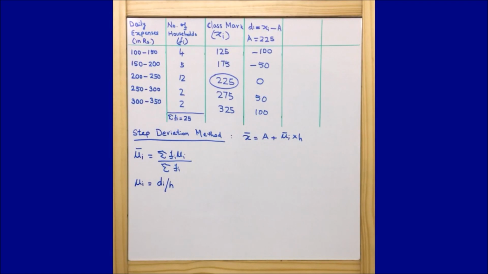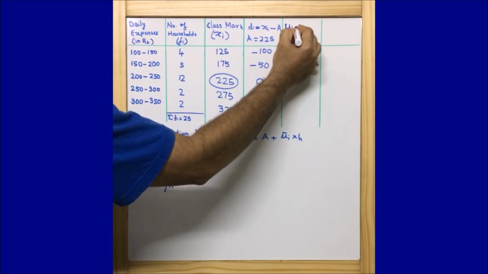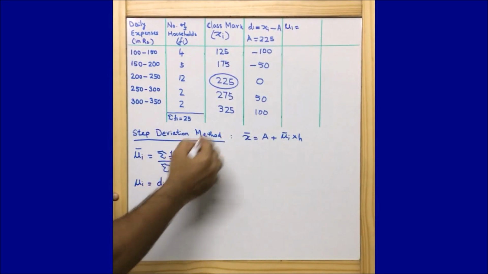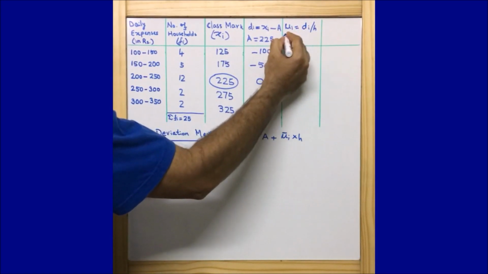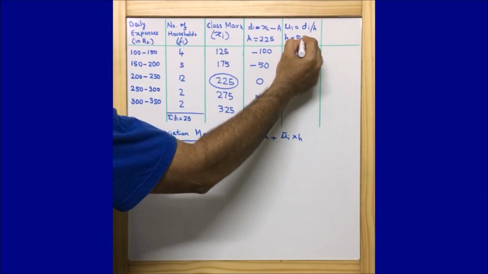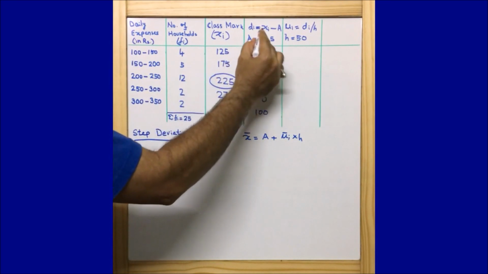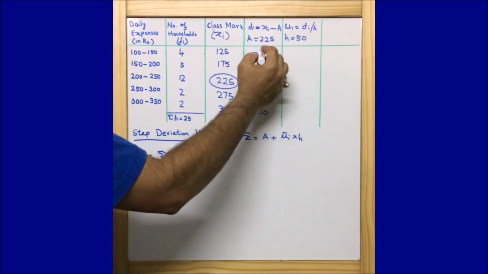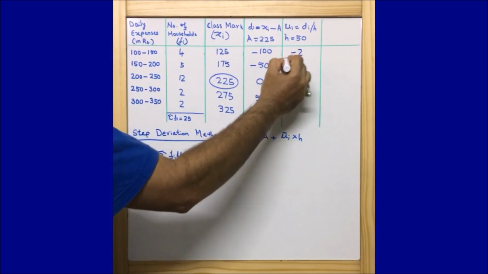Now after finding di, let us find out ui. As we said, ui is nothing but di by h, and here the h value is 50. So let us divide minus 100 by 50, and we get minus 2.